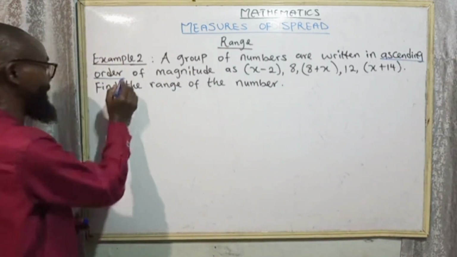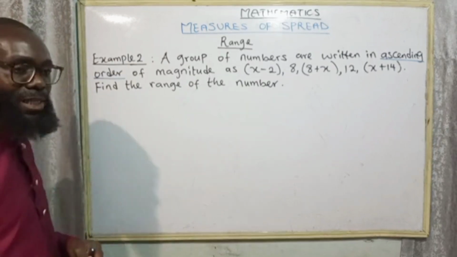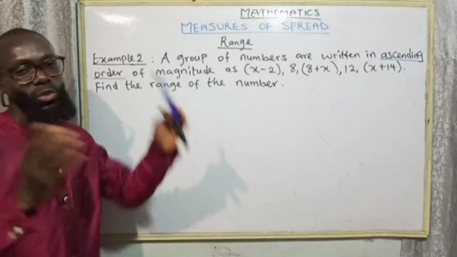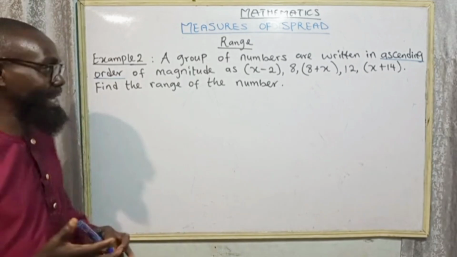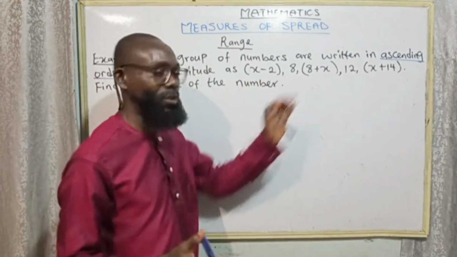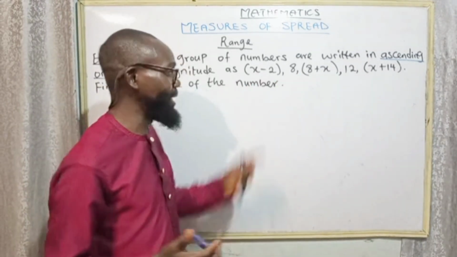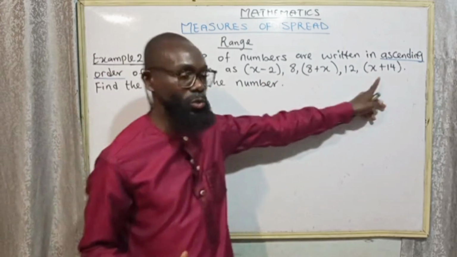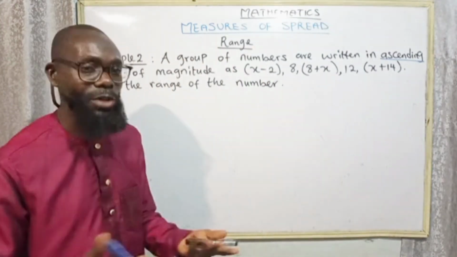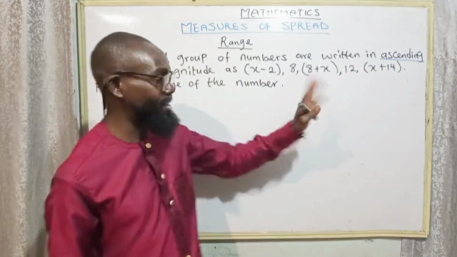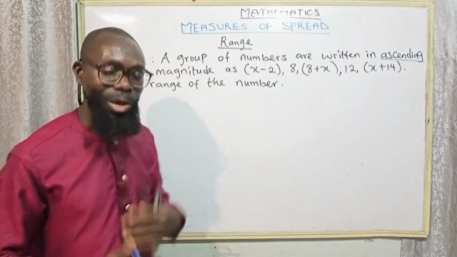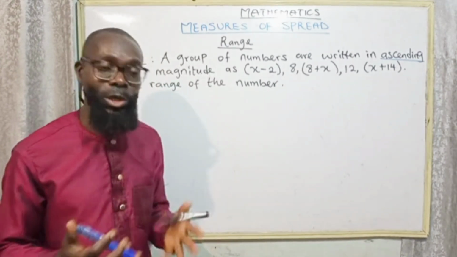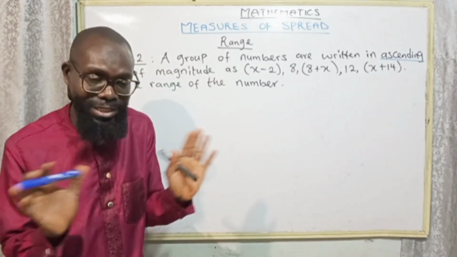The word ascending means arrangement from the smallest to the highest value. Meaning that these numbers have been arranged from the smallest to the highest. But let us assume the statement ascending order is not here. You have to determine which one is the smallest or which one is the highest, and this is very easy to determine.